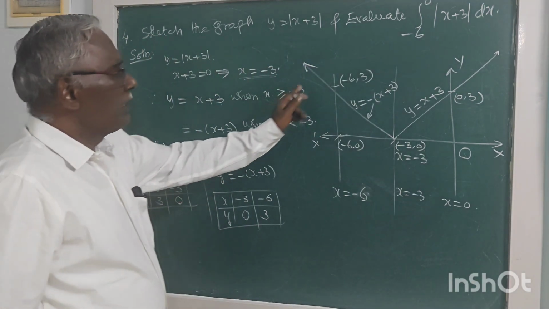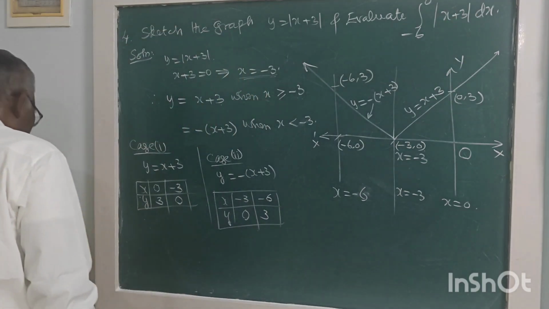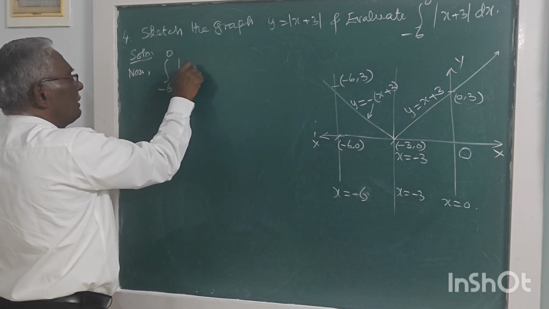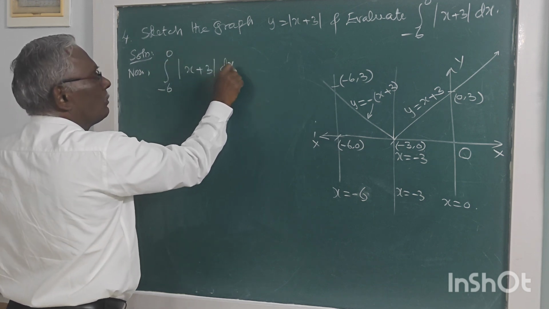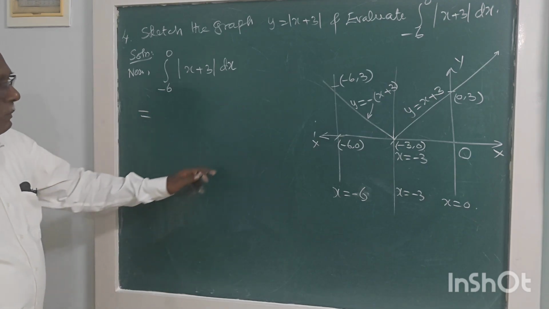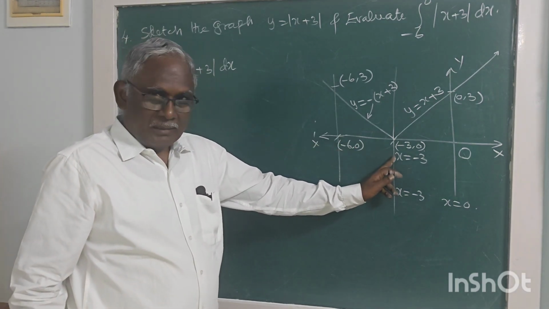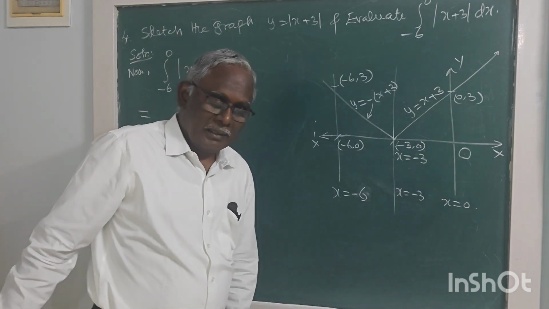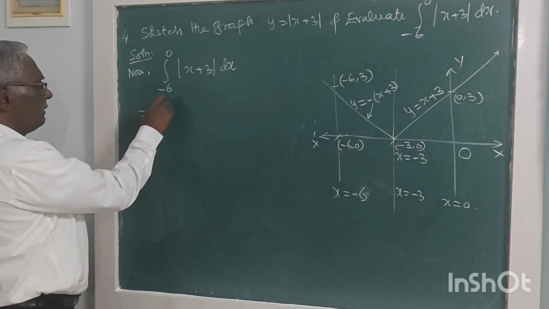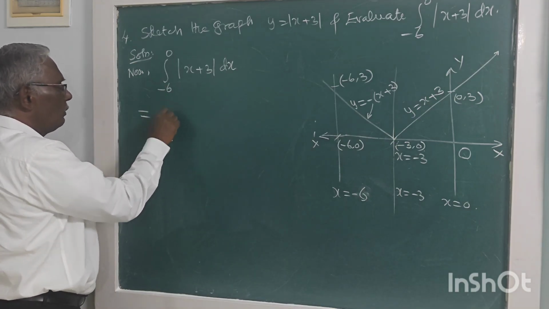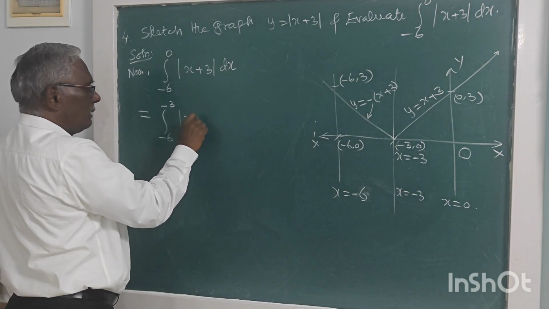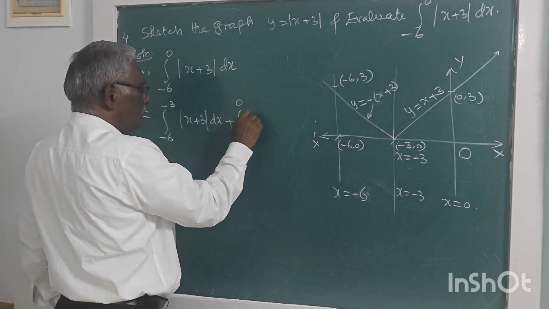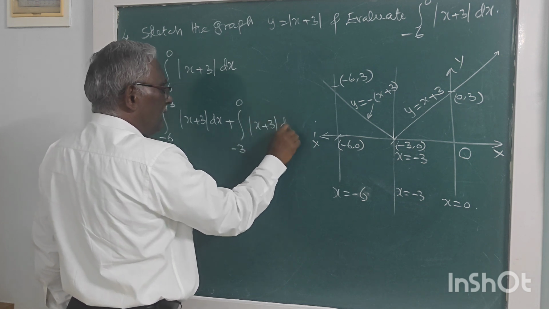Now we have to evaluate this definite integral, the integral from minus 6 to 0 of modulus of x plus 3 dx. This equals minus 6 to minus 3, where we have one equation, and minus 3 to 0, where we have another equation. So we have to split this integral: minus 6 to minus 3 modulus of x plus 3 dx plus minus 3 to 0 modulus of x plus 3 dx.